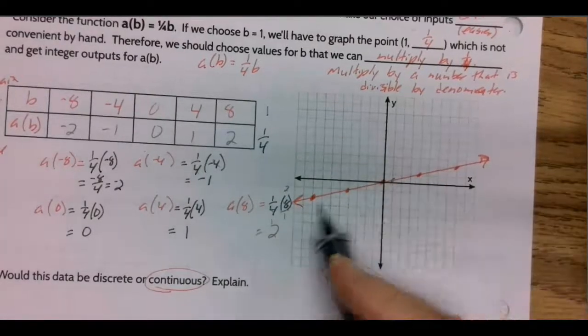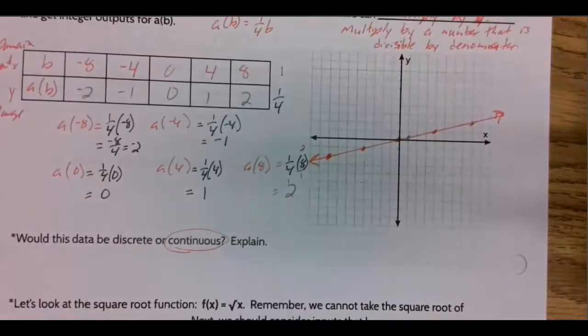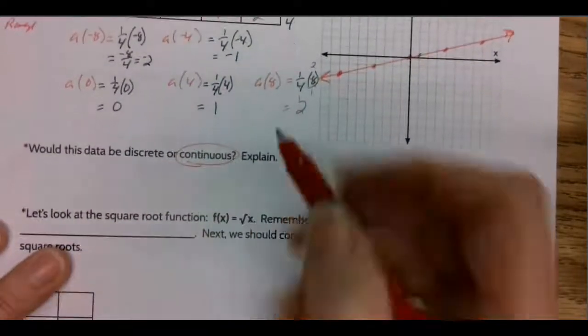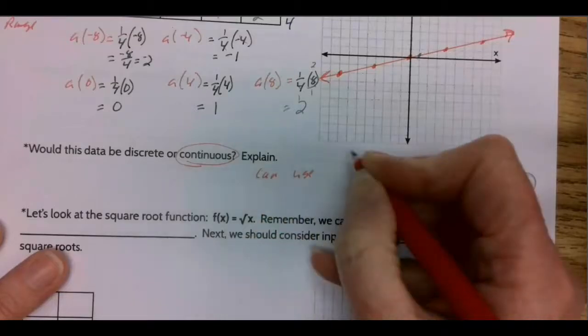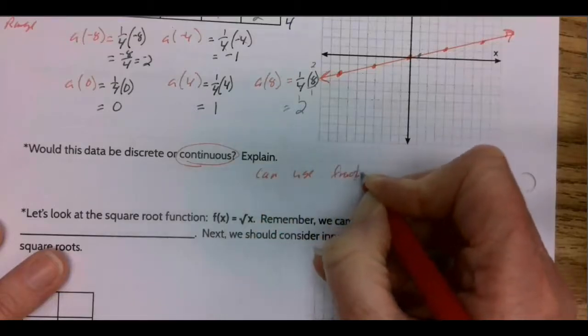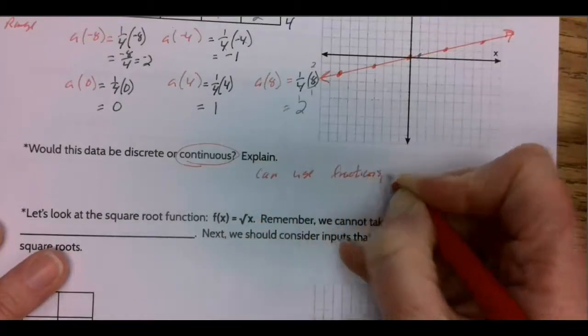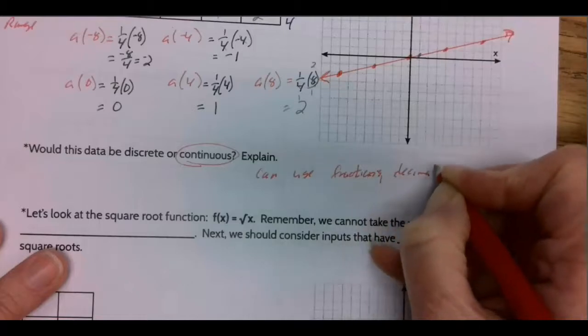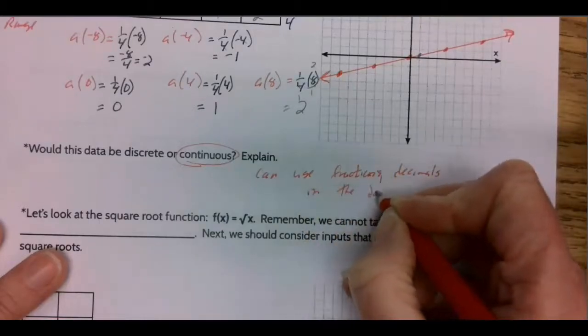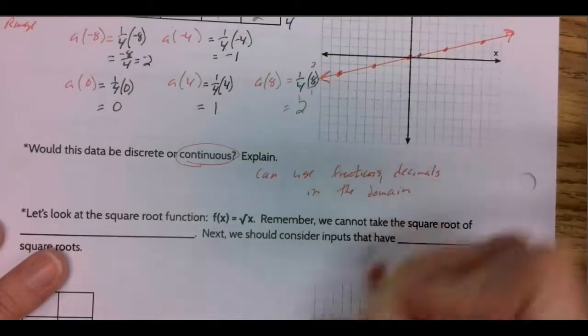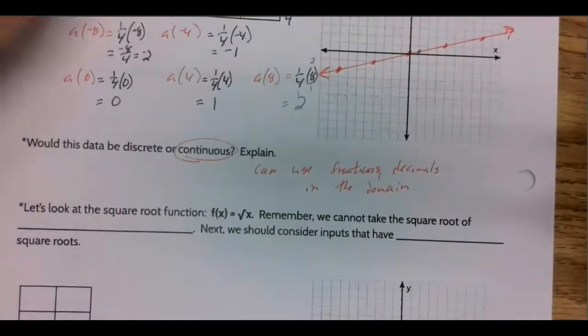Now it's easy to graph here because I already have the line drawn. But again, the reason it's continuous is because you can use fractions and decimals in the domain, in the input, whatever you want to say. Okay? So, just to let you know, that's what it's talking about.